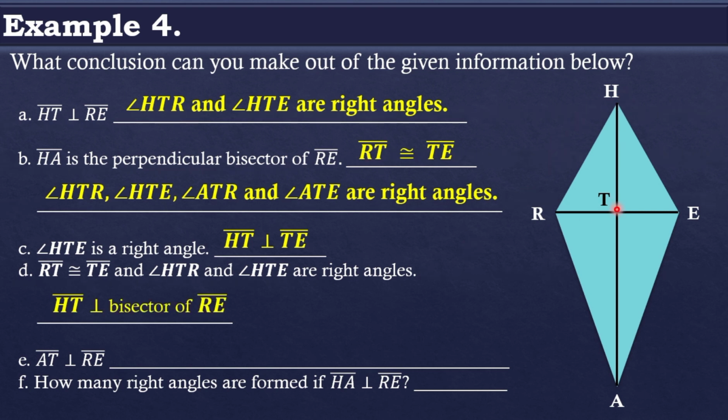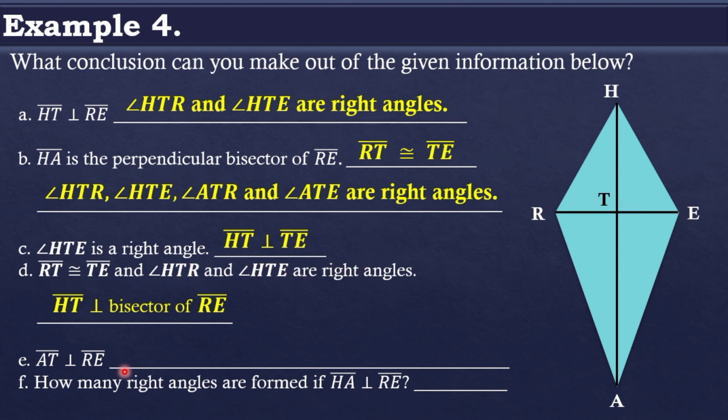HT is the perpendicular bisector of segment RE. Ma'am, bakit hindi po HA? Kasi kung HA siya, dapat 4 right angles tayo. Dalawa lang po ito. So, ibig sabihin, dito lang tayo. Okay? So, HT is perpendicular bisector of RE. Kasi dalawa lang yung given niya.